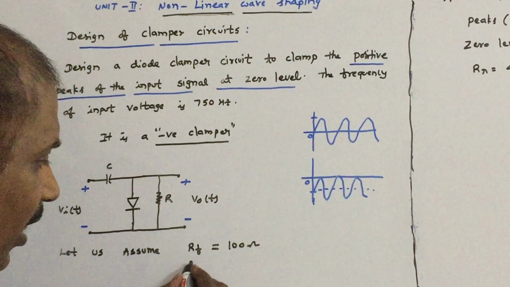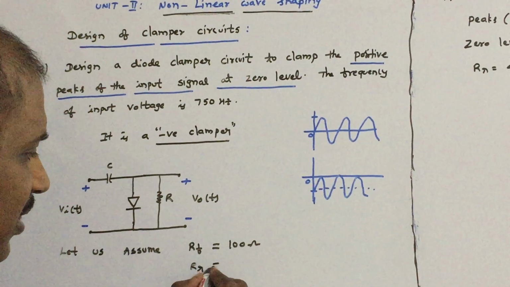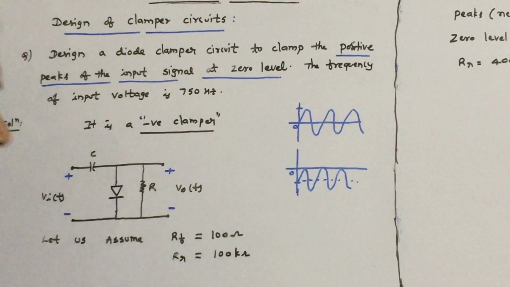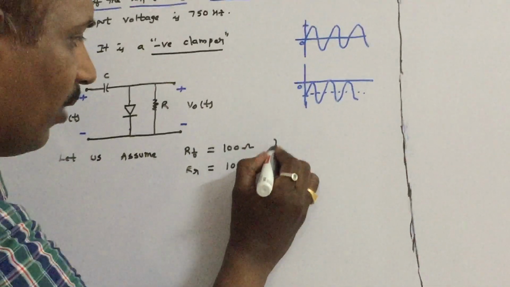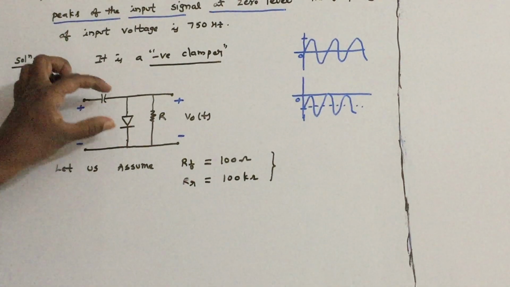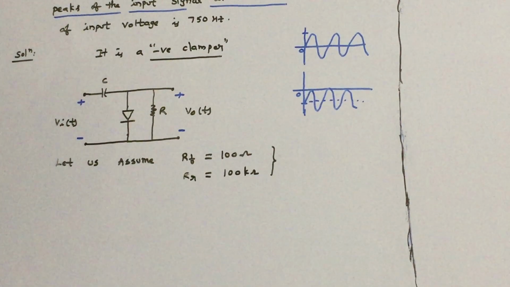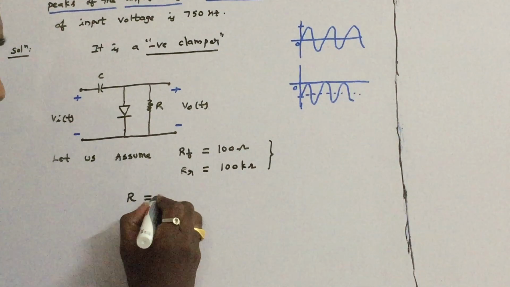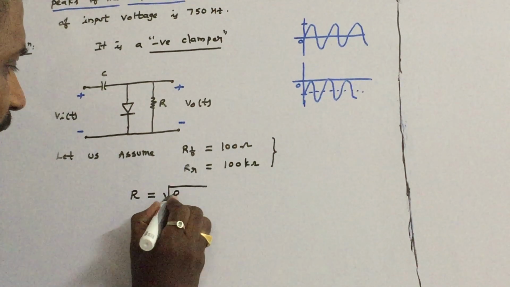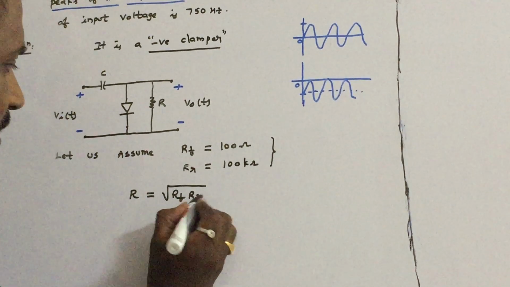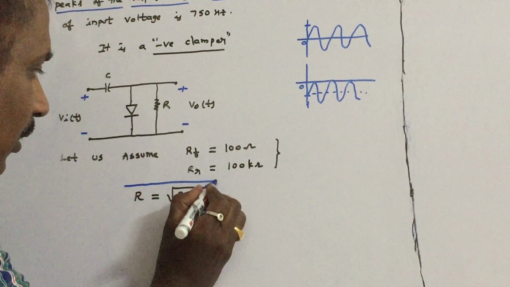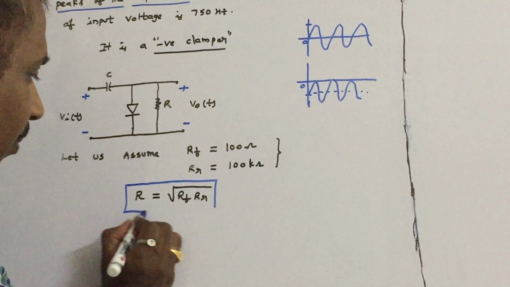The reverse resistance, meaning the diode is in off condition, let us say 100 kilo ohms. This is very high. You have to assume like this in every problem if the forward and reverse resistances are not given. We have one design formula: R is equal to square root of RF into RR. This is the formula we use to calculate R in the circuit, remember that.